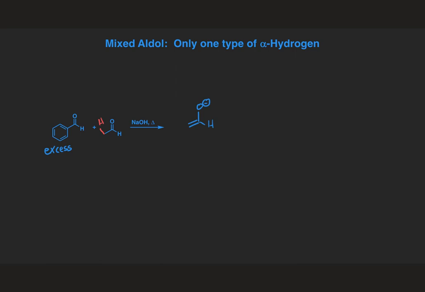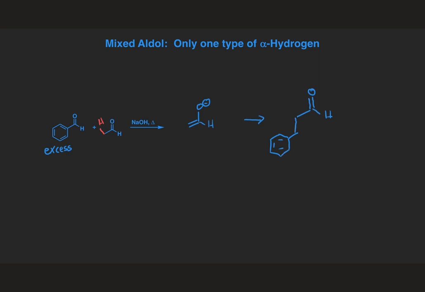And so the final product of this, we're going to draw acetaldehyde like so, and right under it, I'm going to put the carbonyl carbon of benzaldehyde and then redraw benzaldehyde here.